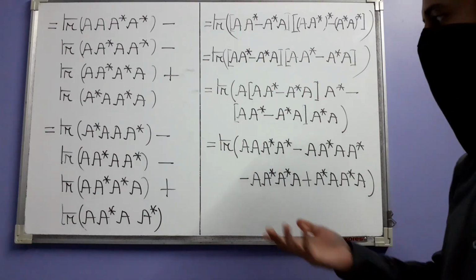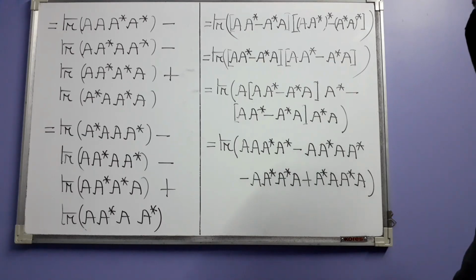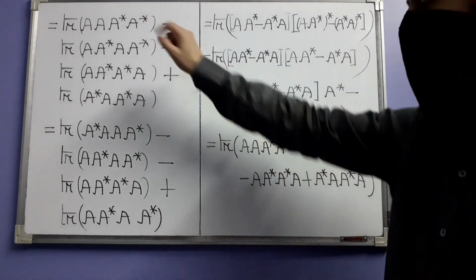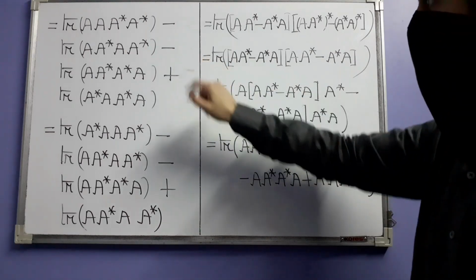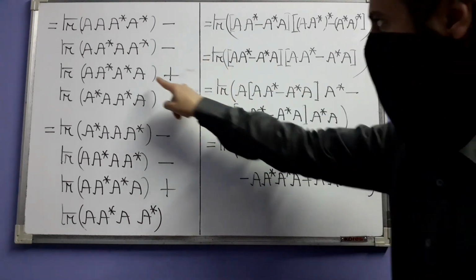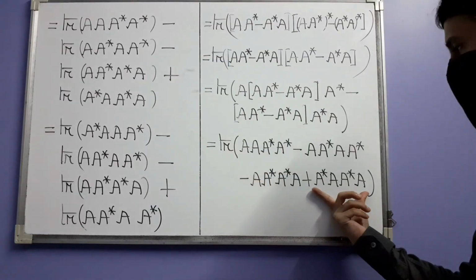Why? Because trace is a linear transformation. We already know this property of trace. So trace of this minus trace of this minus trace of this plus trace of this.